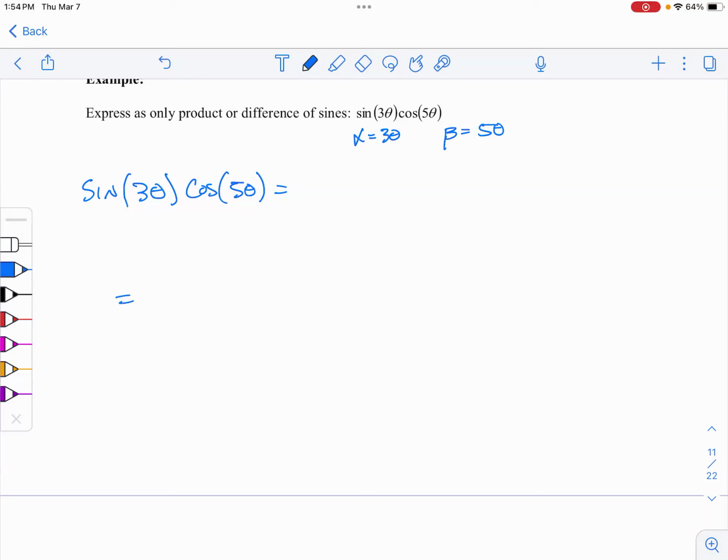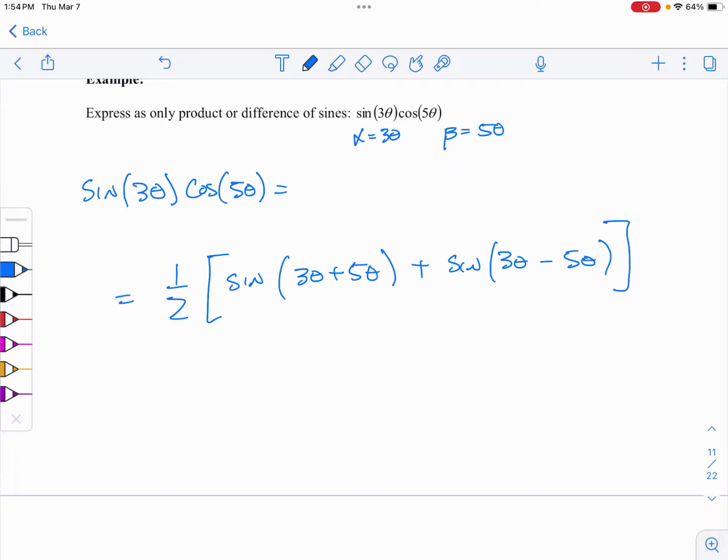And then plug it in to our equation. And simplify down.